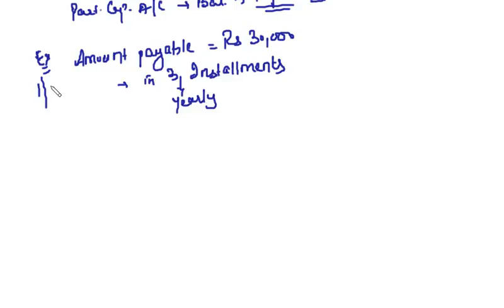Today they are sitting on 1/4/2016. They say we will pay you the first installment on 31st March 2017. Then we will pay you on 31st March 2018. Then on 31st March 2019. We will pay this 30,000 in 3 installments. Okay, correct? So now what they do is they transfer this 30,000 to retiring partner's loan account.